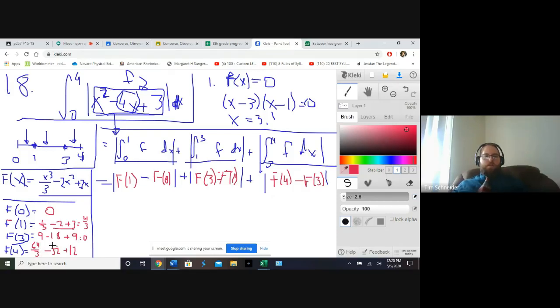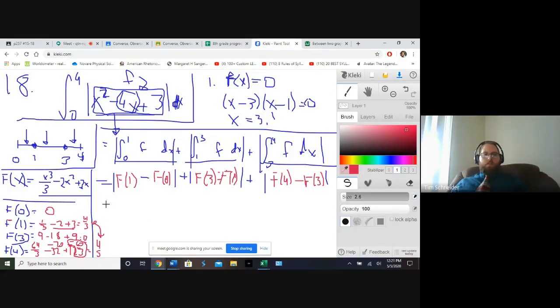Okay, so what we're really subtracting is 20 from this. And 20 is 60 over 3. So we have 64 over 3 minus 60 over 3. This is very, very sloppy handwriting. I'm just trying to fit it all in. So in other words, this is also 4/3. Well, that's odd. Okay, so both 1 and 4 are 4/3. The other two are 0.